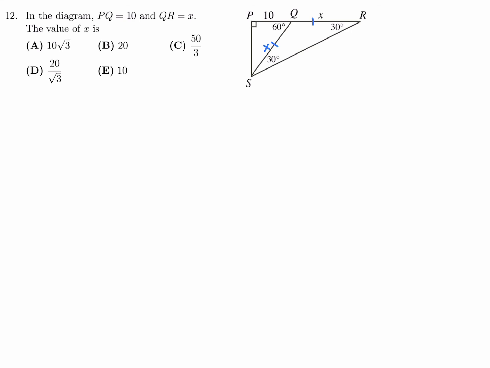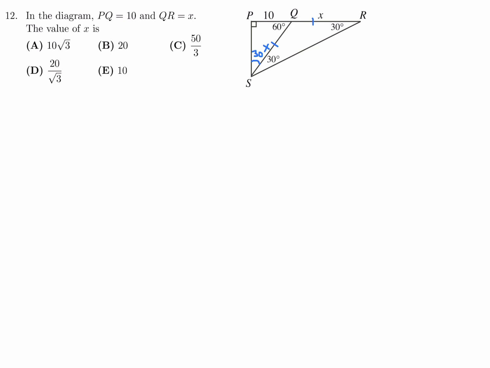Now we have to look at this triangle right here. In that triangle, we are given two angles. That is a right angle, 90 degrees, and that is 60 degrees. So therefore this angle must be 30, since the sum of the angles of a triangle add up to 180. And then in any 30, 60, 90 triangle, the ratio of the sides are as follows.